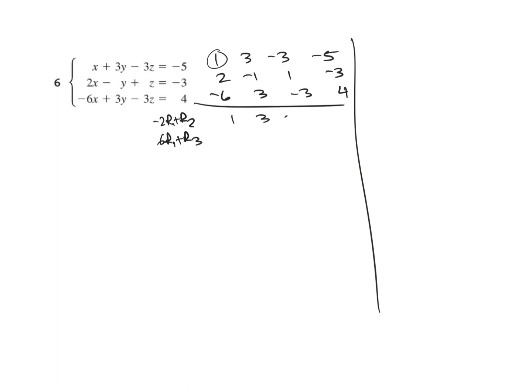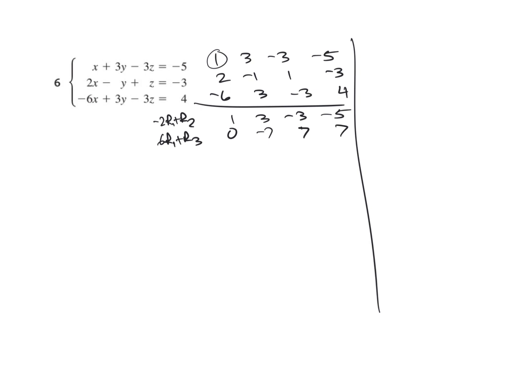So row 1, and now what do we get for row 2? That'd be 0. Negative 2 times 3 is negative 6 plus a negative 1. So negative 6 plus a negative 1 is negative 7. Positive 6 plus 1 is 7. And positive 10 plus a negative 3 is 7.